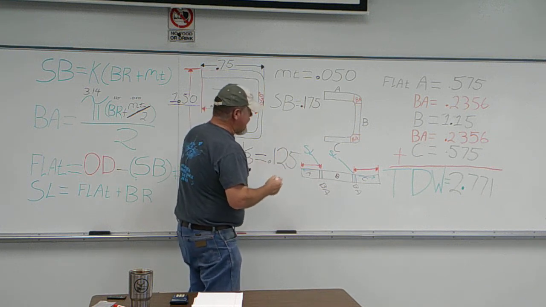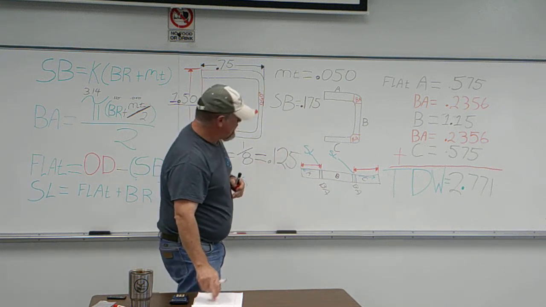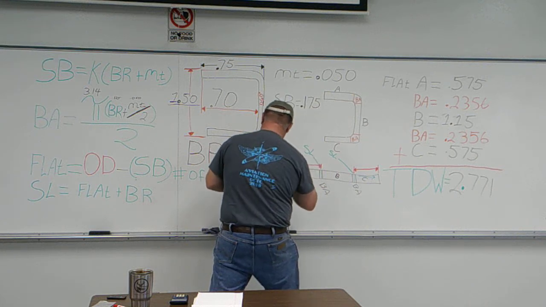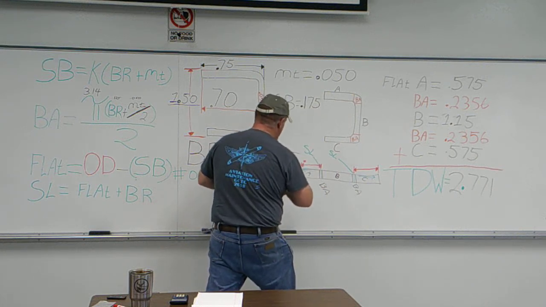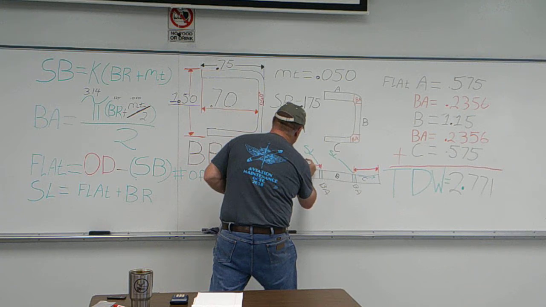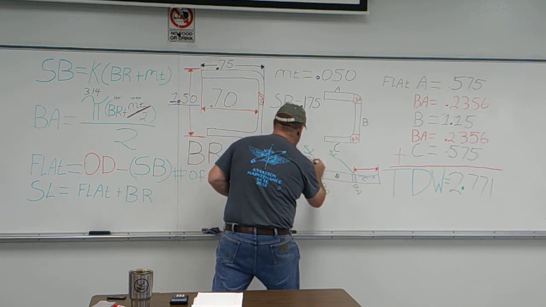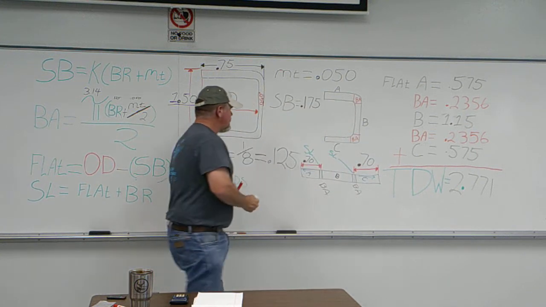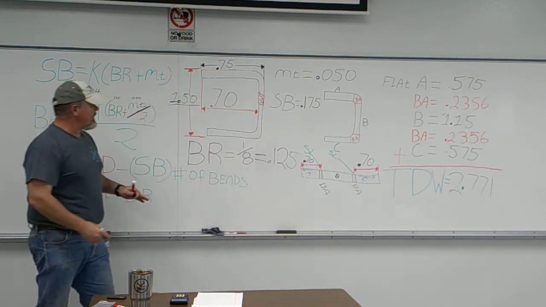Sight line is utilized in the brake to help us fabricate the part. And so at that point, our sight line is 0.7.